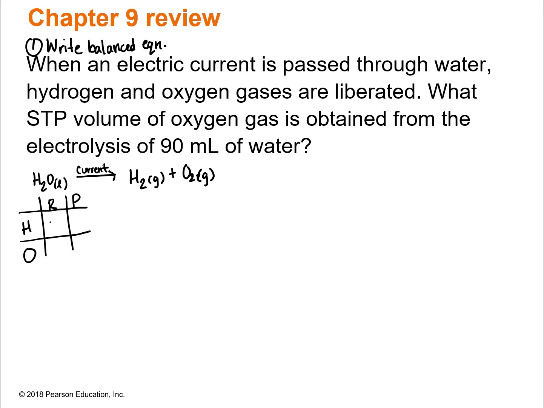On the reactant side, there's 2 hydrogens and 1 oxygen. On the product side, there's 2 of each. We have to start somewhere, so let's start with the oxygen, since that's the one that looks unbalanced. We're going to multiply by 2, because the lowest common denominator between them is 2. And that means putting a 2 in front of the water.